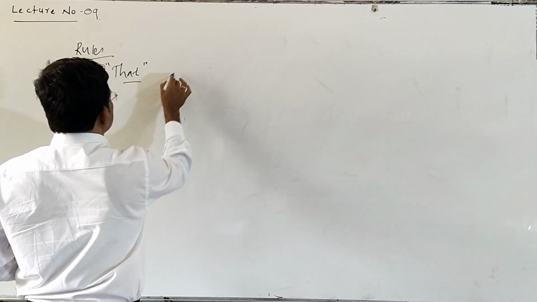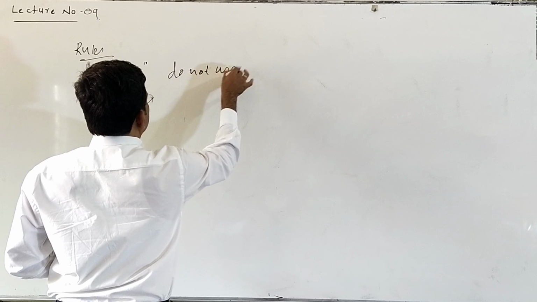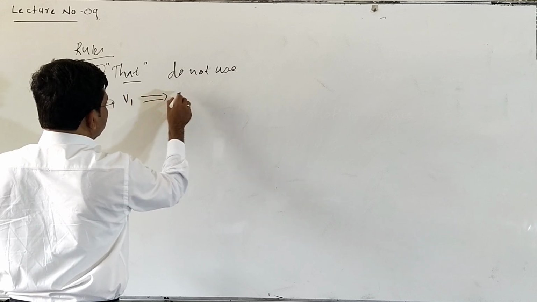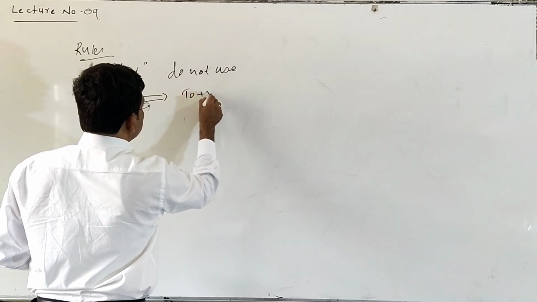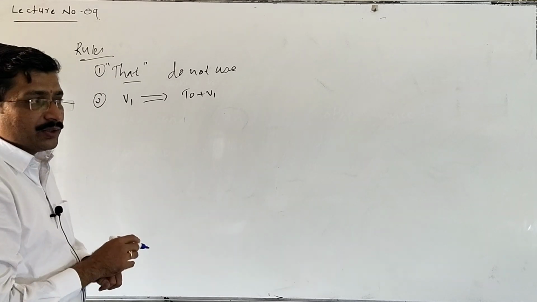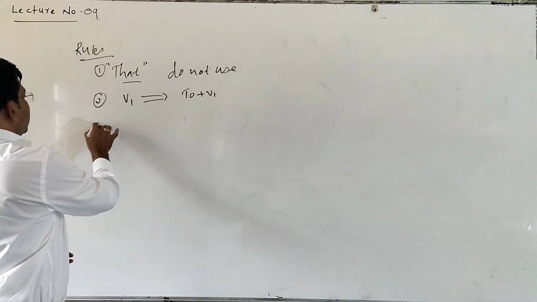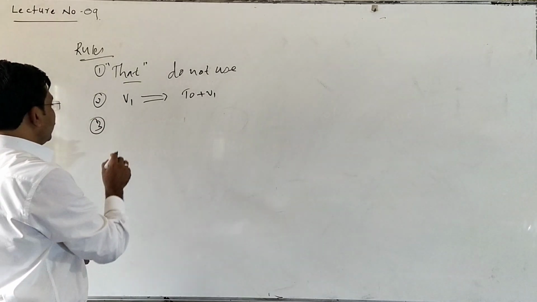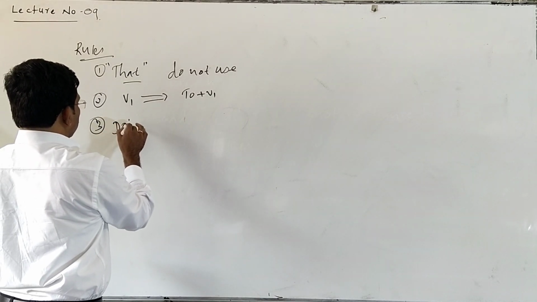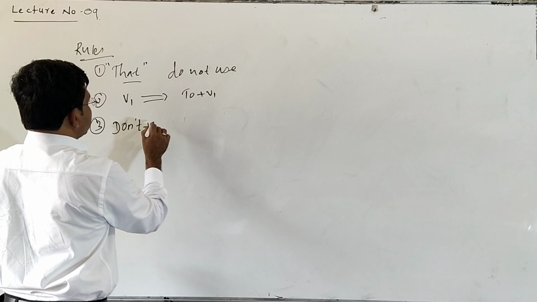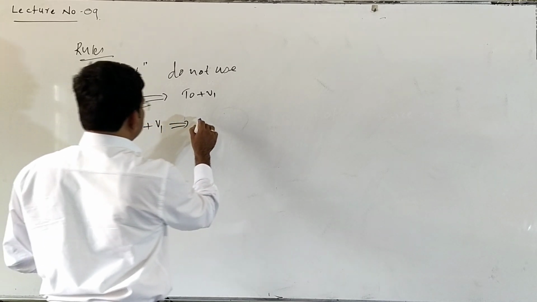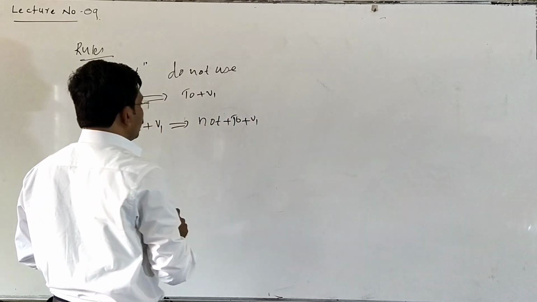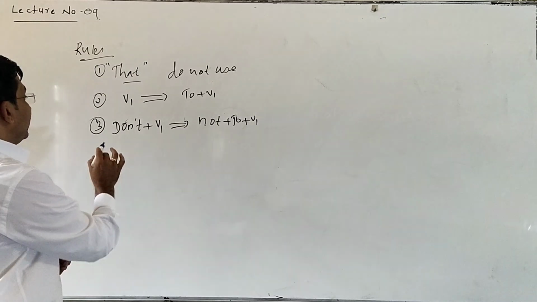Next, second one, do not use this one. Next, here finite should be changed into infinitive, to plus v1. Next, third, if the statement is negative, here don't plus v1 should be written like this, not plus to plus v1, with negative sentences.